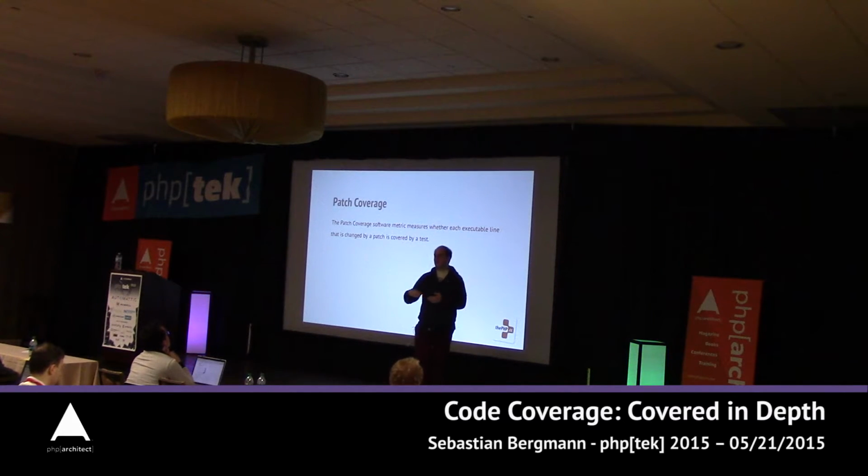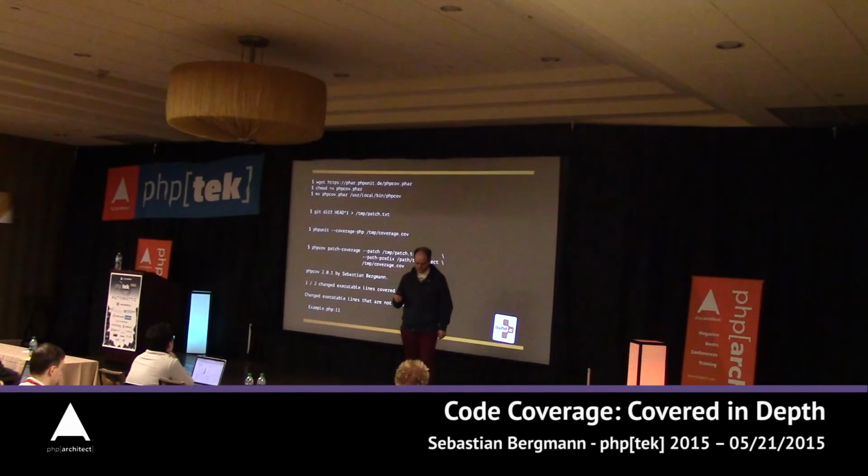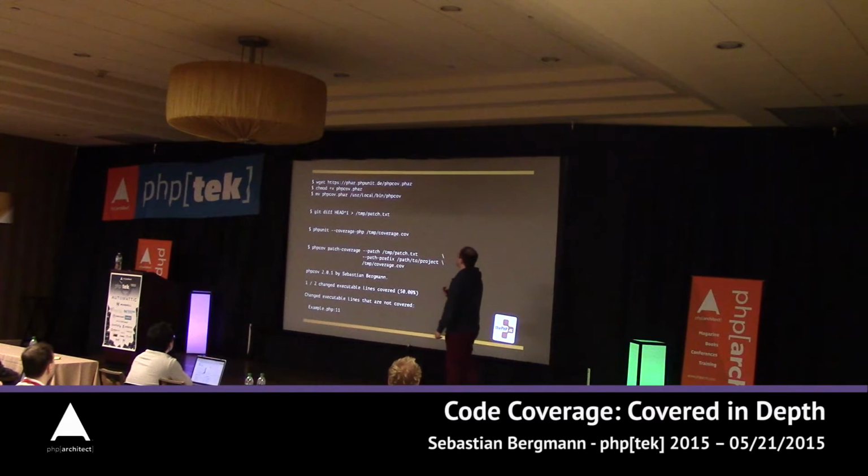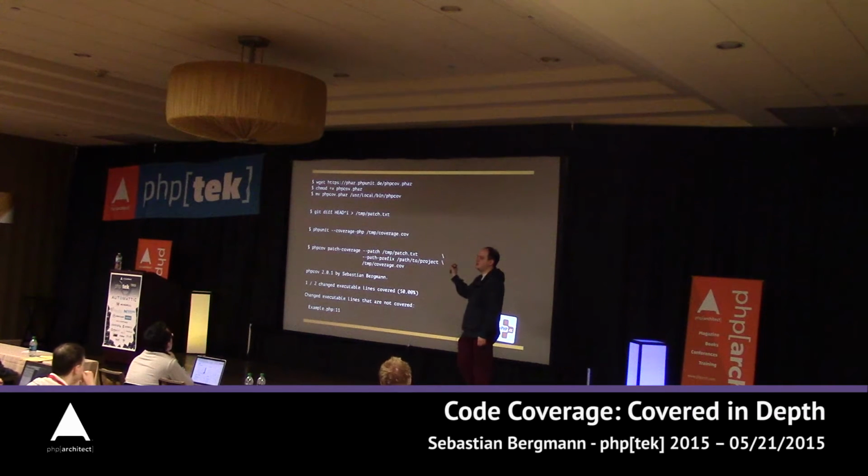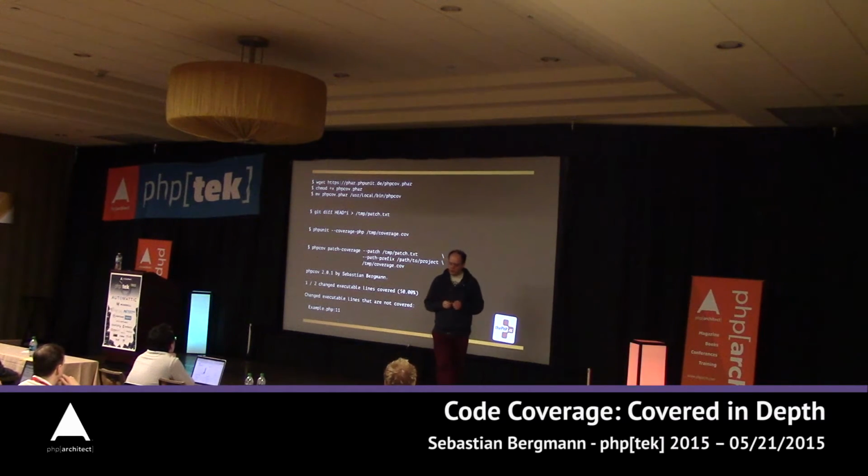And then over time, start adding tests for the existing code. And this is a feature provided by the PHP COV command line tool that I mentioned earlier. It takes as input the code coverage data from a PHP unit run and a diff that, for instance, comes from your version control system.